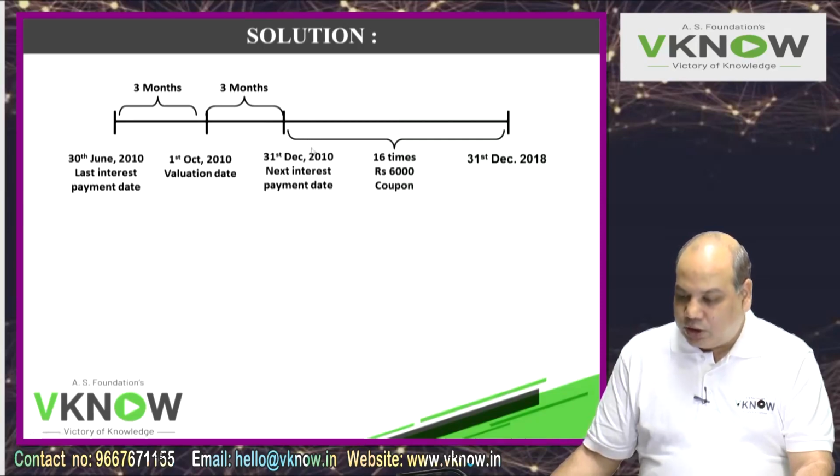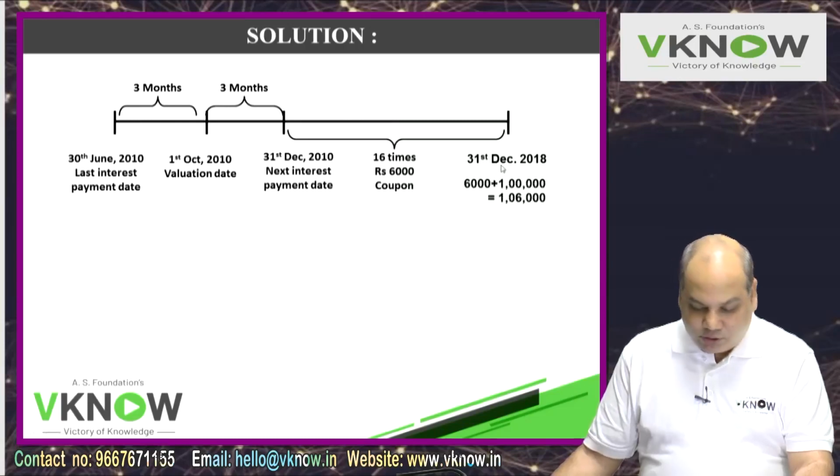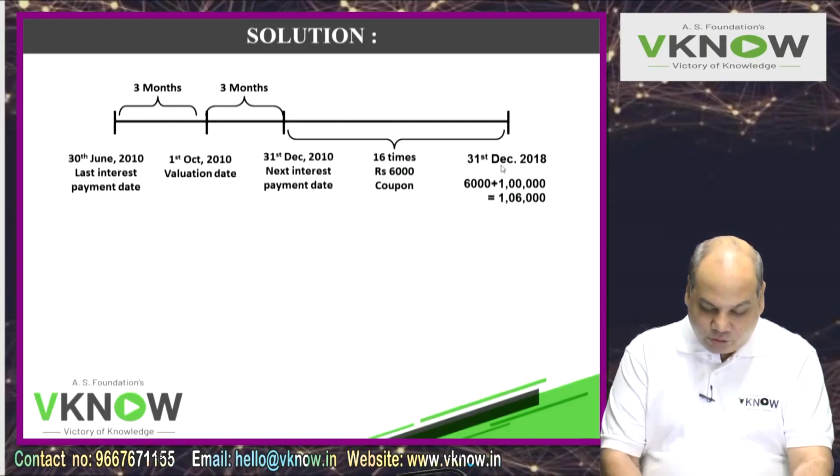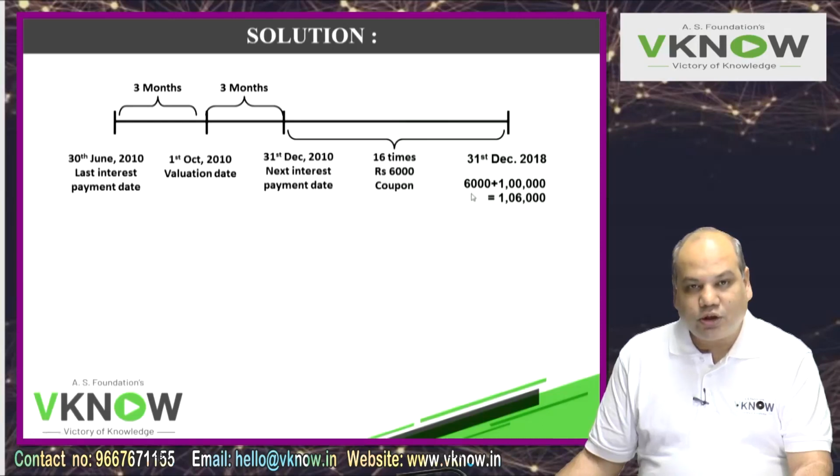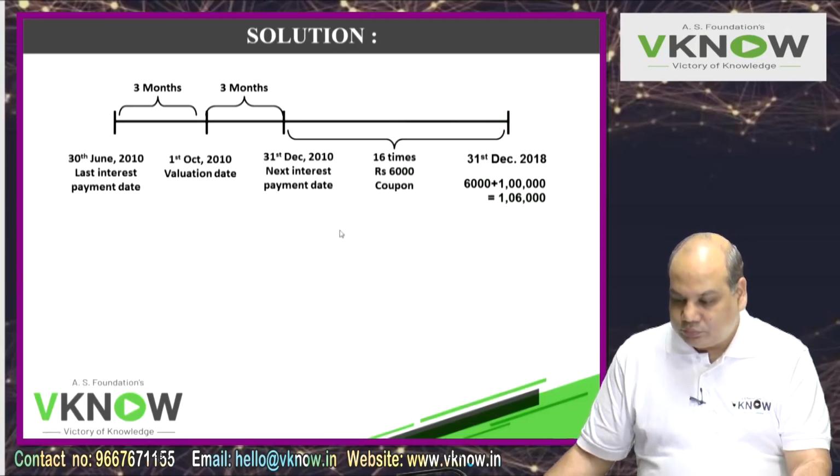So we'll get the dirty price here, we'll discount it and we'll remove the interest accrued for 3 months. On 31st December 2018, you will get 1 lakh rupees also. In addition to 6,000 rupees, you will get 1 lakh rupees also. So total cash flow will be 1 lakh 6,000.